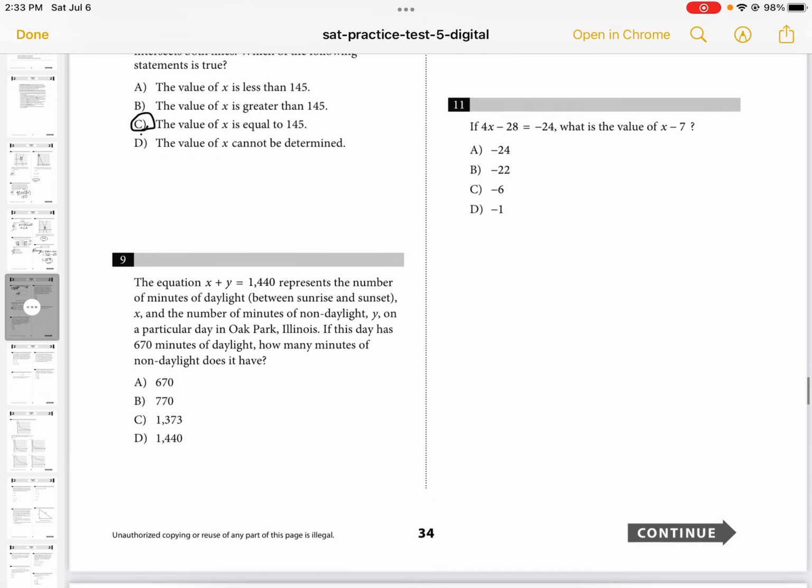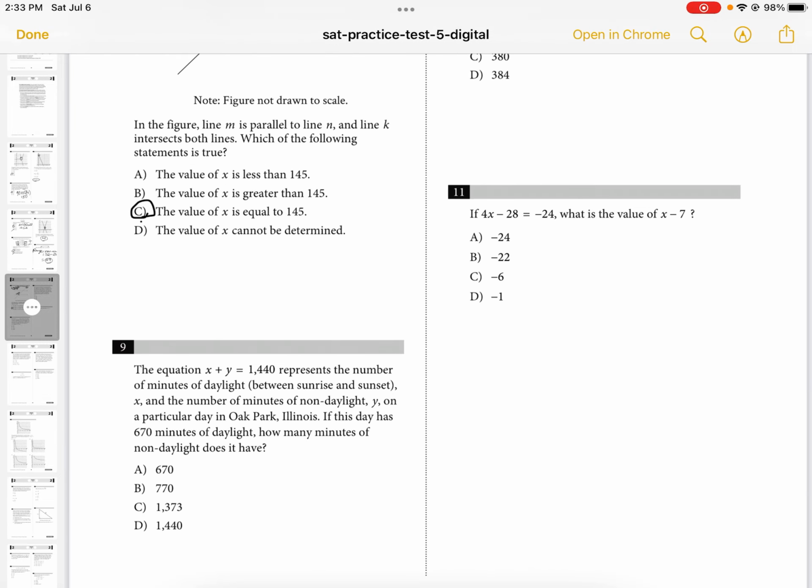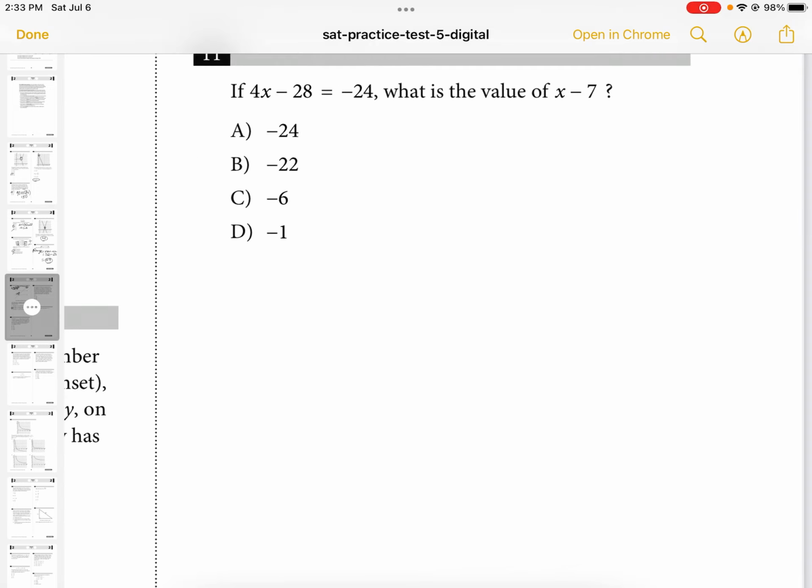Number 9. The equation x plus y equals 1440 represents the number of minutes of daylight between sunrise and sunset, x, and the number of minutes of non-daylight, y, on a particular day in Oak Park, Illinois. If this day has 670 minutes of daylight, how many minutes of non-daylight does it have?